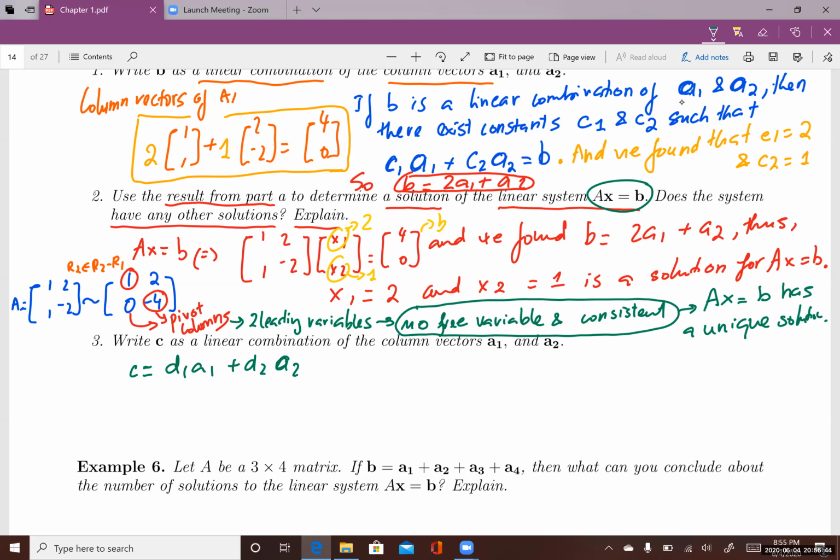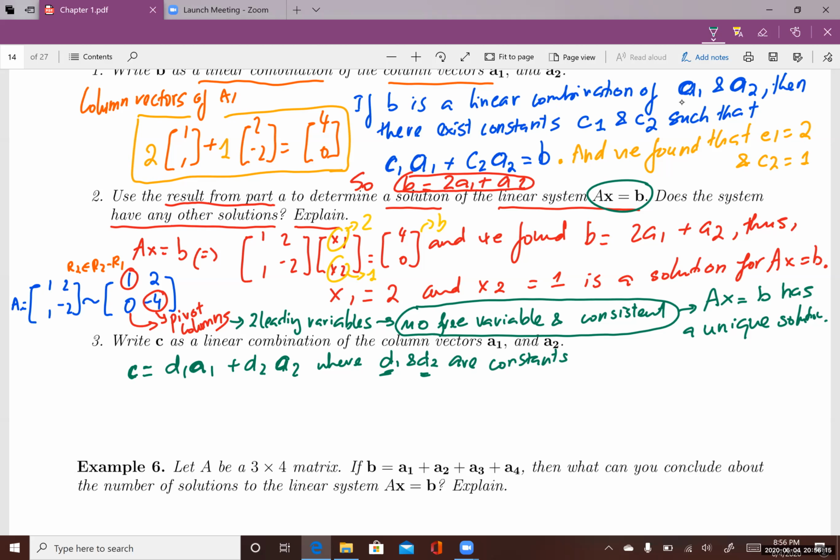Again, A1 and A2 are column vectors, and D1 and D2 are just constants. So you want to rewrite the column vector C as a linear combination of A1 and A2. That means you need to find D1 and D2 that satisfy these equations.